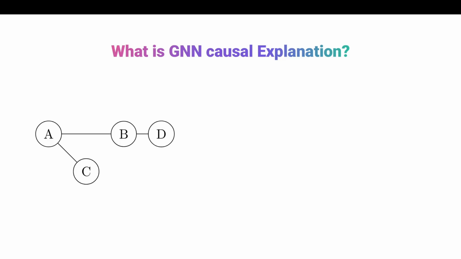But what is GNN causal explanation, the area that this method is working in? Consider this 4-node graph: A, B, C, and D. If we want to predict a node label or a graph label for this graph, what will be the most informative node, or the most important part of this graph? We name that the causal subgraph.